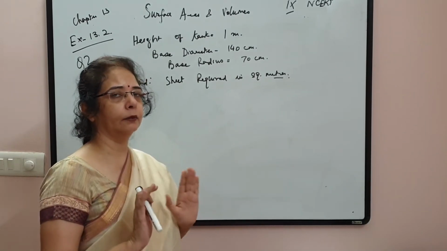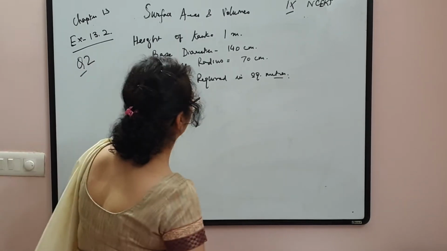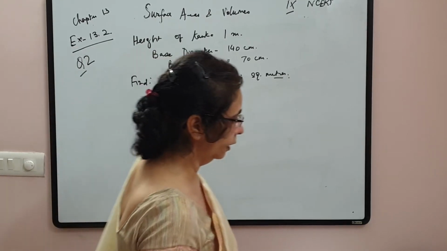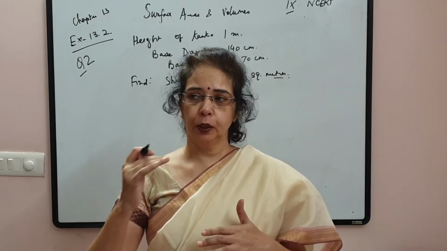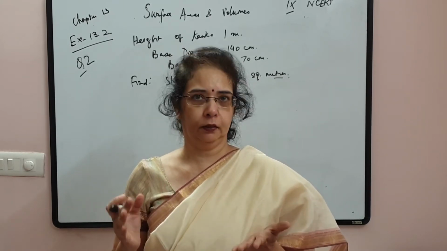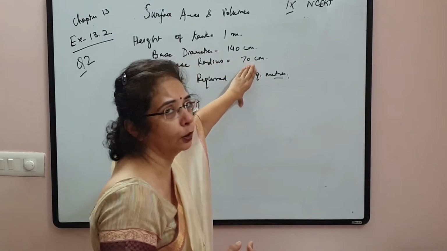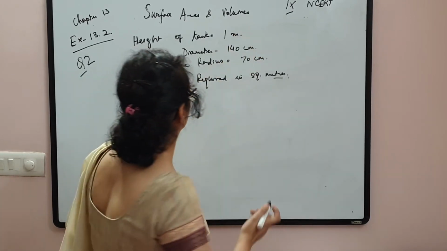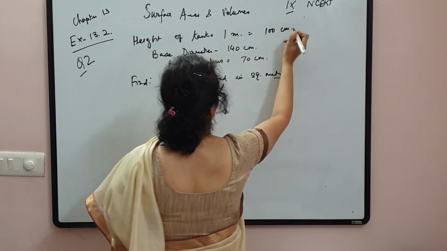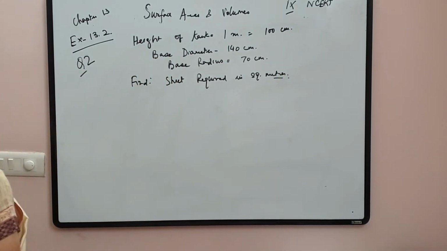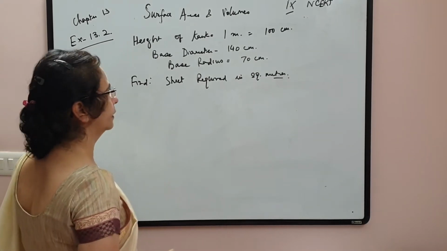You convert centimeters into meters or meters into centimeters and then proceed. But most of the time, I like to deal with units in such a way that we get rid of the decimals. So convert into centimeters. Height of the tank is 1 meter, which is 100 centimeters.